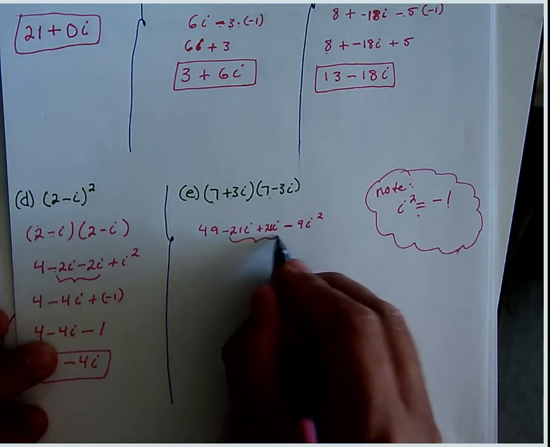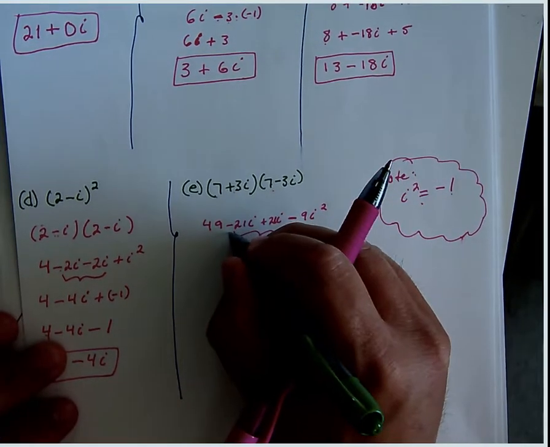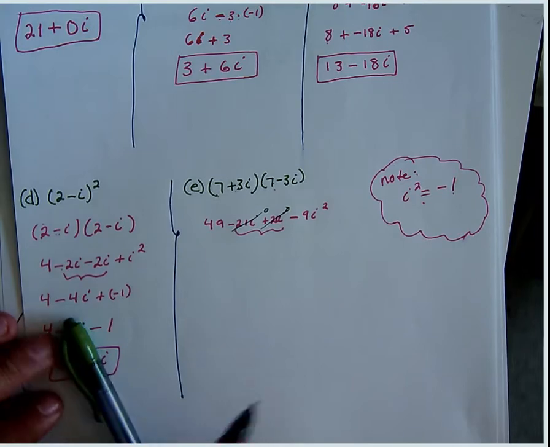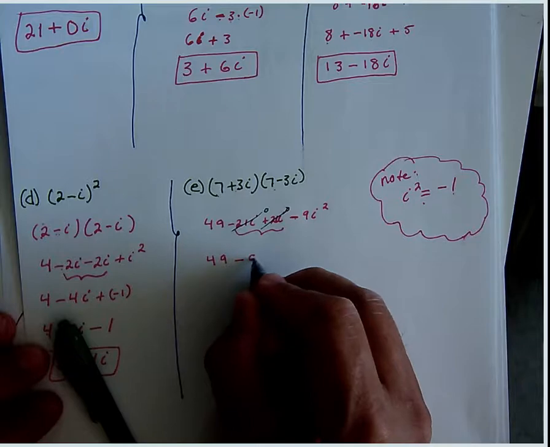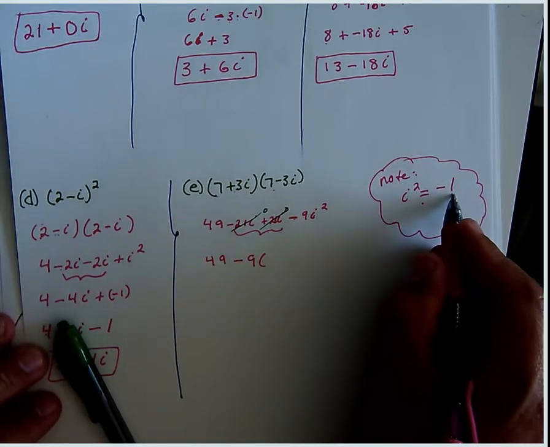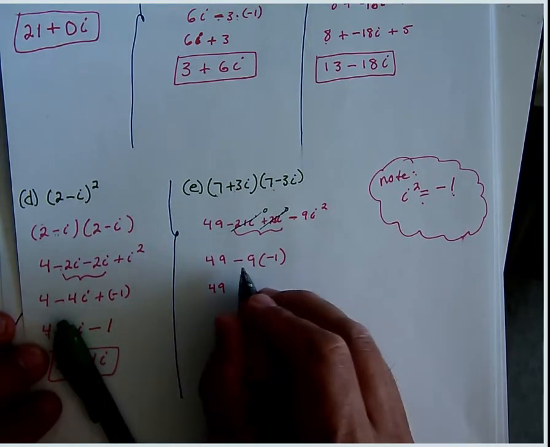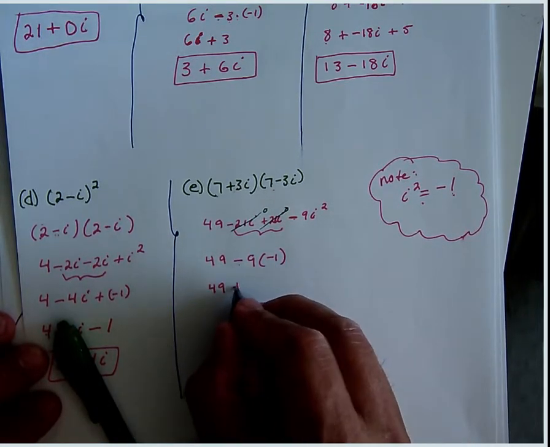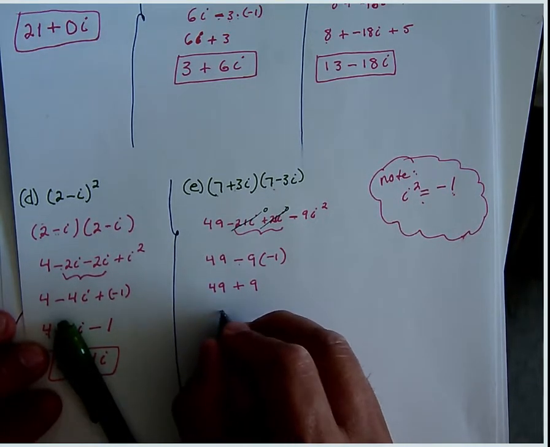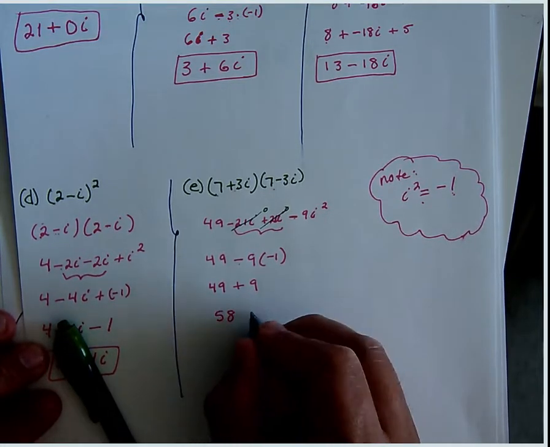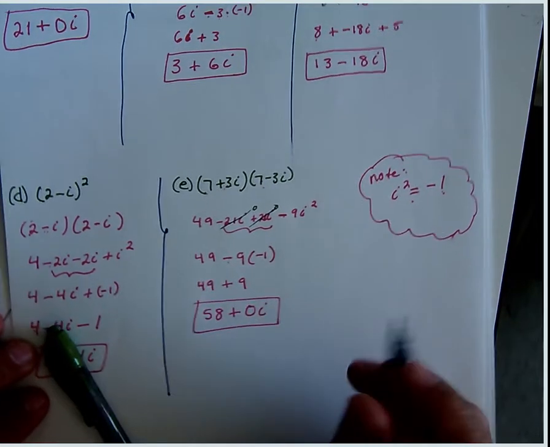So you combine these two, the one is negative, the other one is positive, so these two become zero. So you have 49 minus 9 times i squared, which is negative 1. So 49, negative times a negative would be positive 9. So this would be 58. Since we don't have the imaginary part, you're going to put it as 0i. That's the answer.